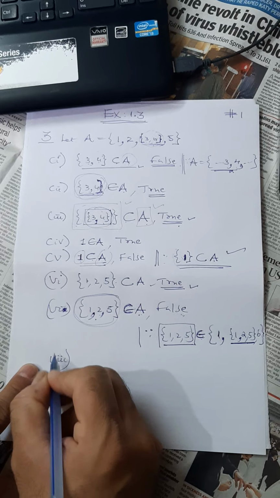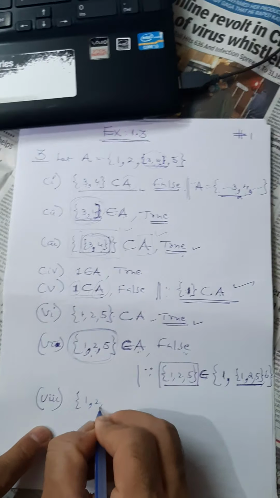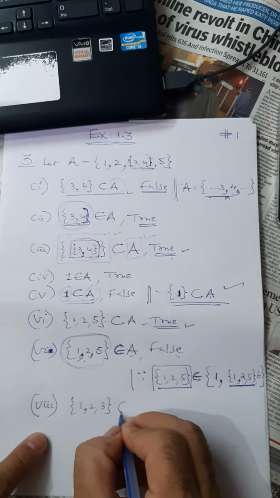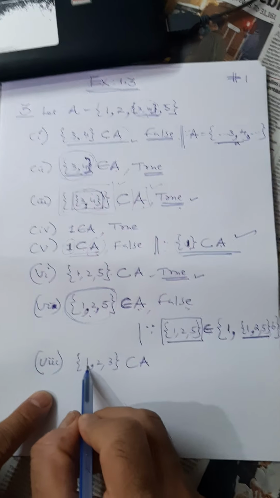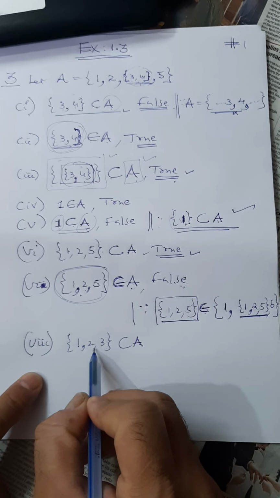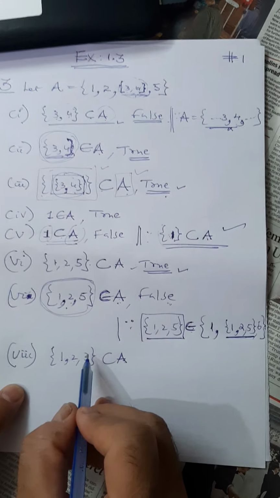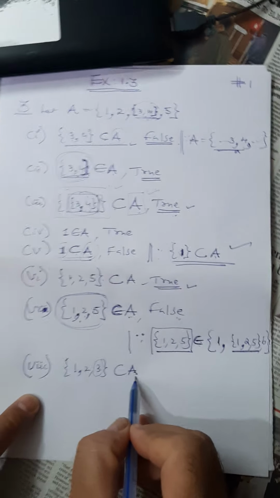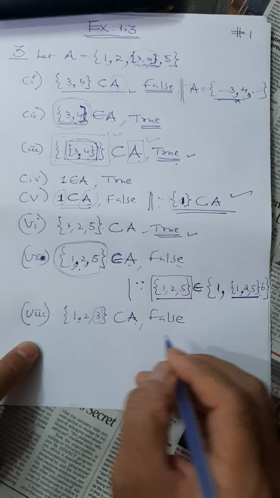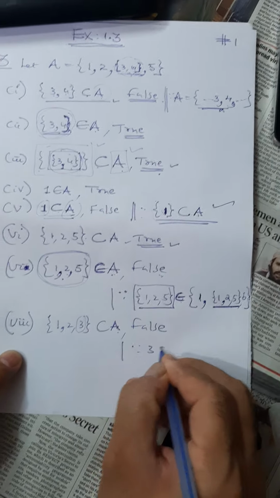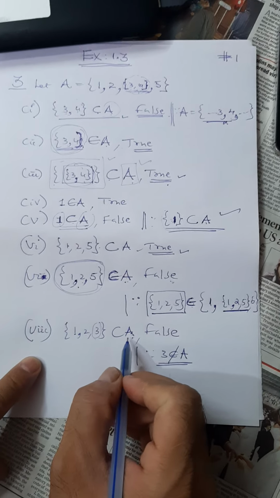If I go to 8th here, so in 8th you have 1, 2, 3 subset of A. That means one member 1, it should be present here, which is true. 2 is also present in this. Now 3 is present in this, but 3 is not present in A, so this is false. Reason, 3 is not present in A, remember. 3 should be present in A.